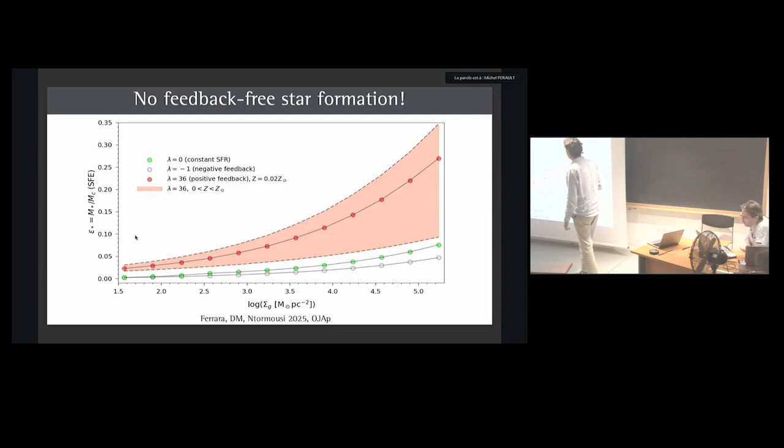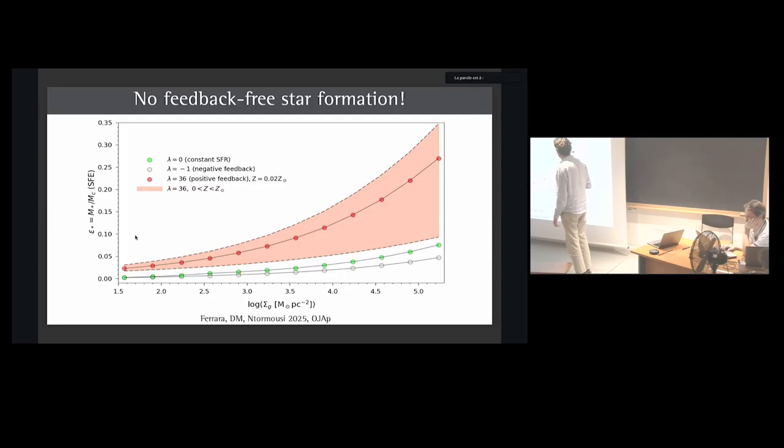Then we can say, okay, maybe we can allow for positive feedback, with this value lambda, which is derived by some assumptions on the effect of triggered star formation, and we try to get the most optimistic values we can get.